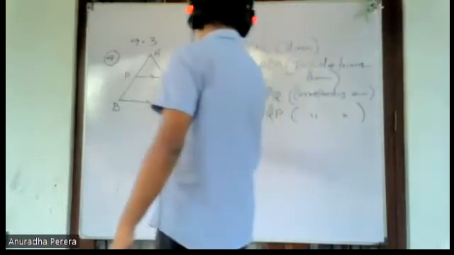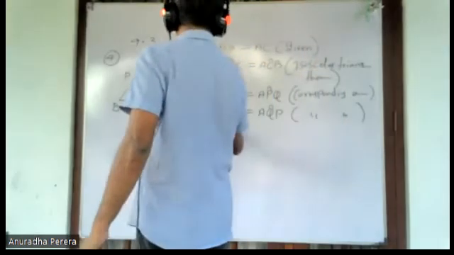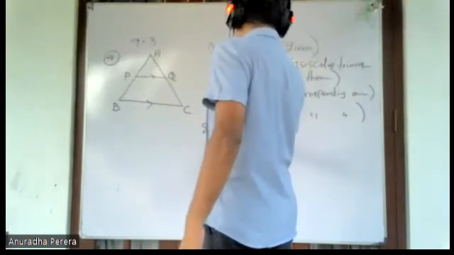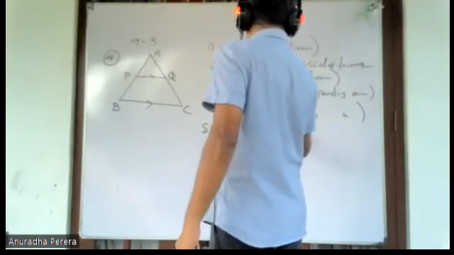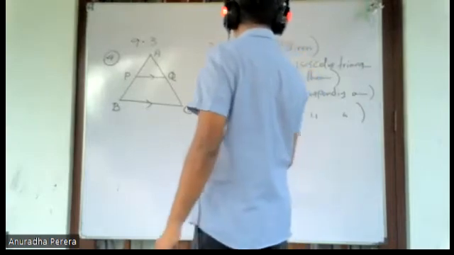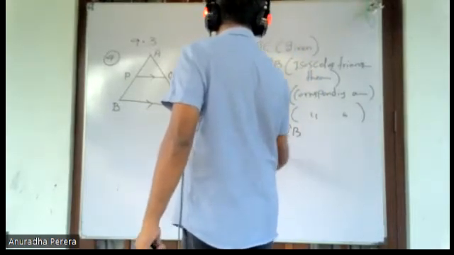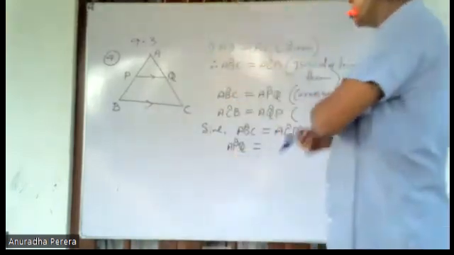Since ABC equals ACB, you can say APQ equals AQP according to the axioms.